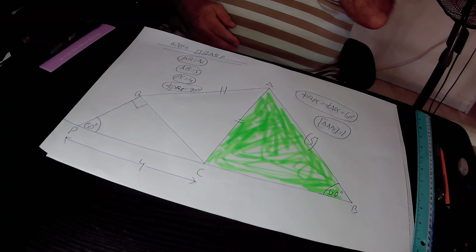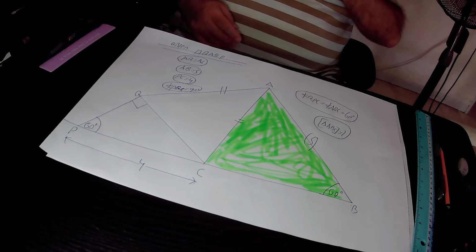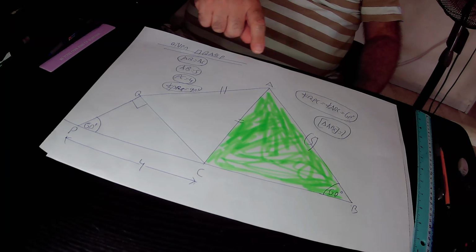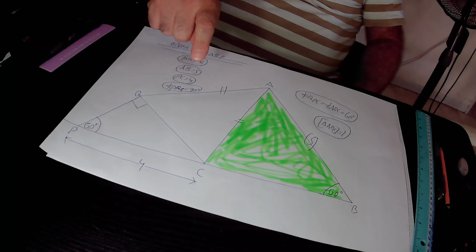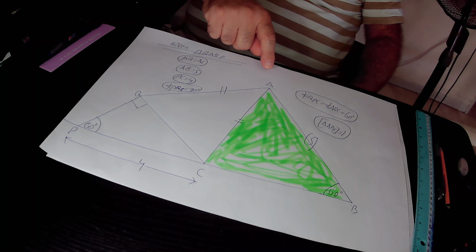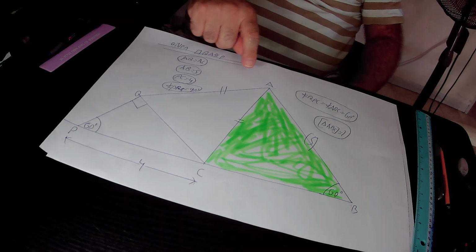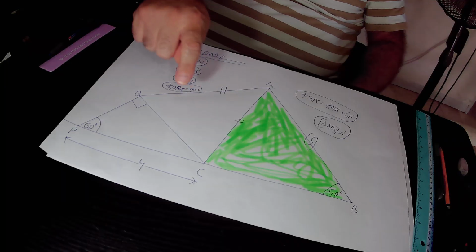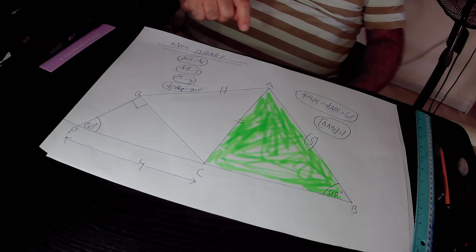So in the first step, we will do a construction, that is to say from point A, we will go perpendicular to the base QC of the isosceles triangle, triangle QAC.